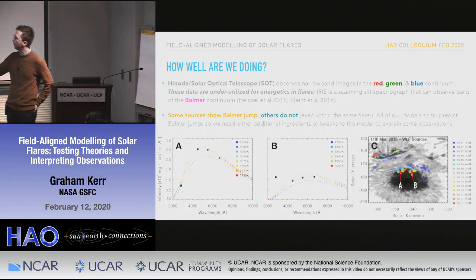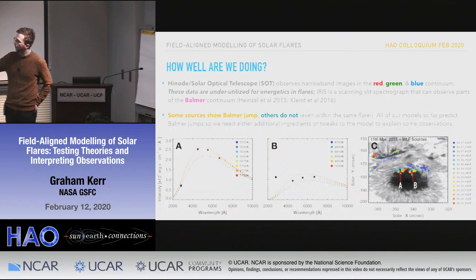This background image is SOT. The colored sources here are the different times that I detected white light emission from SOT. And these are 2 positions where the slit from IRIS was coincident with the SOT data.